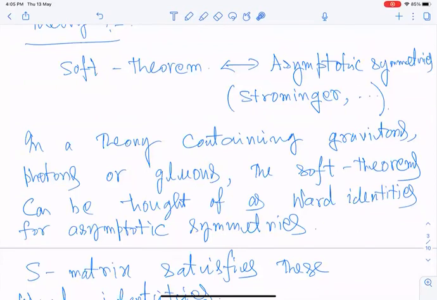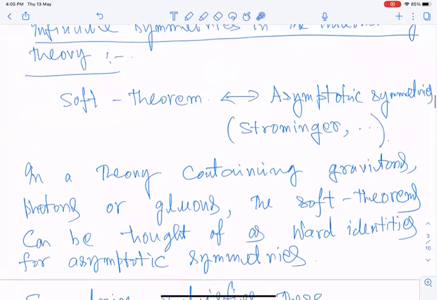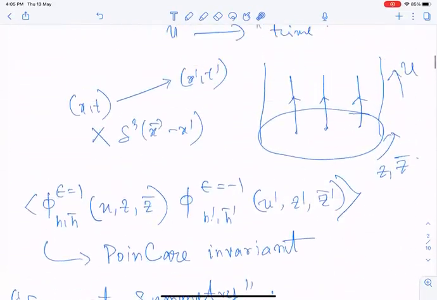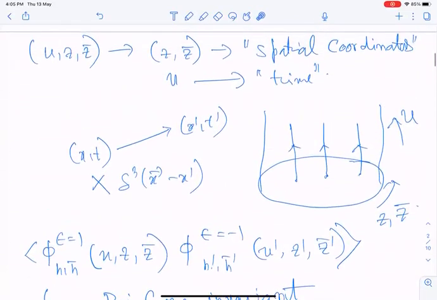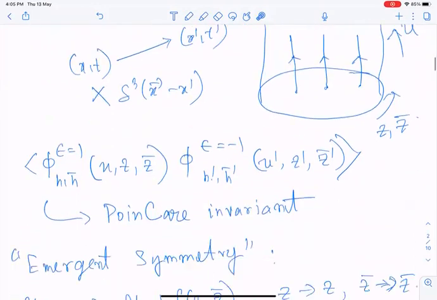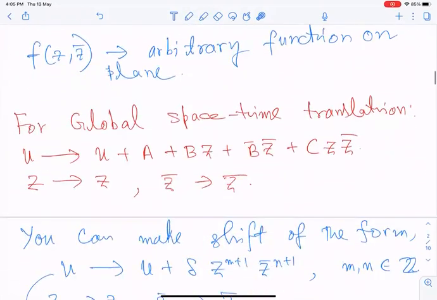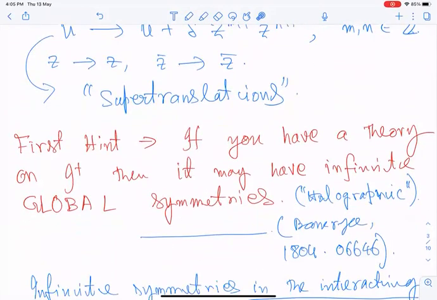Yeah. So that was a motivation for why you can imagine that the interacting theory can have an infinite dimensional symmetry. Because although it is there in the free theory, in the interacting theory this could be gone, right?